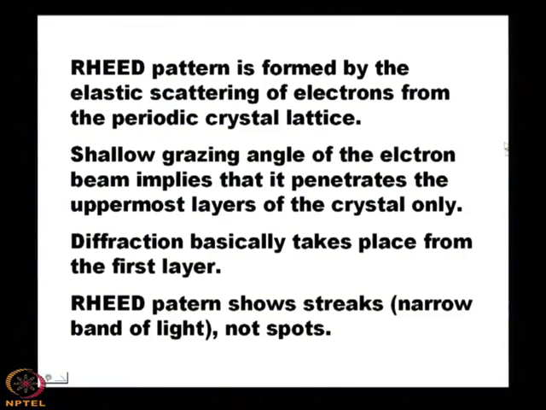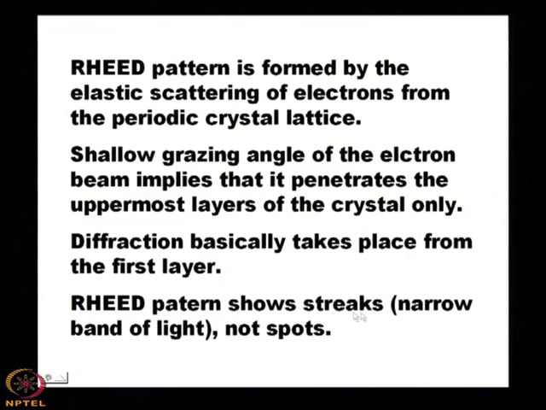If it is a normal incidence, it penetrates deep inside the bulk, but grazing angle means it is confined to the topmost layers or the surface layer only. Diffraction basically takes place from the first layer because of the grazing incidence. It will not penetrate deep inside the material, only 1 or 2 layers will be scanned.